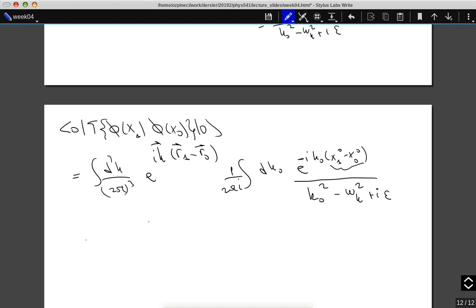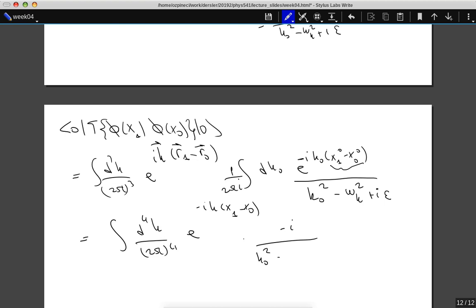We first evaluate this integral with non-zero but small epsilon, and then set epsilon equal to 0. So this is essentially now a 4-dimensional integral: d4k divided by 2 pi to the 4, e to the power minus i k (x1 minus x0), and minus i divided by k0 squared minus omega k squared.